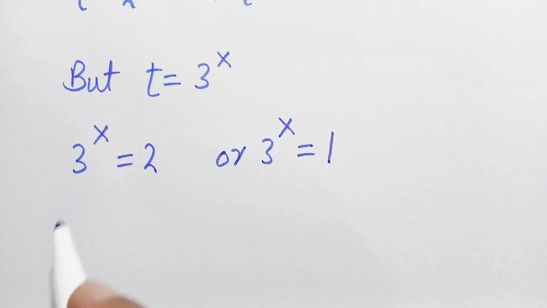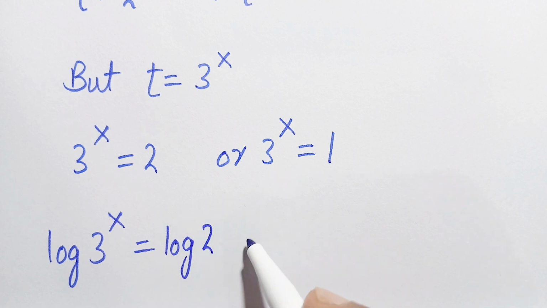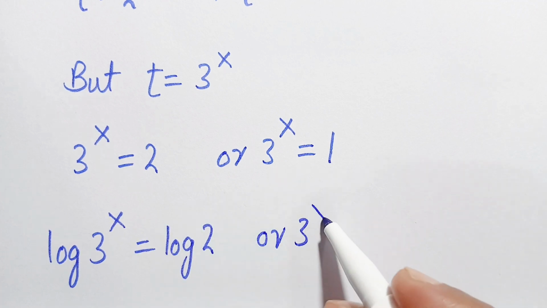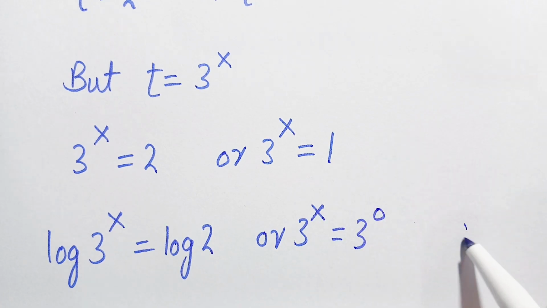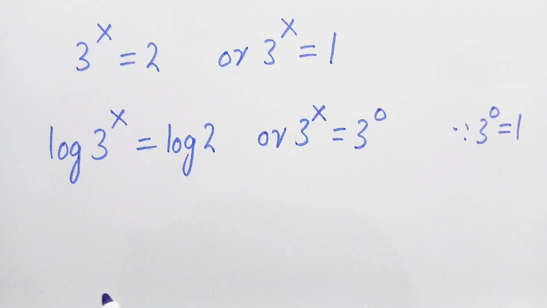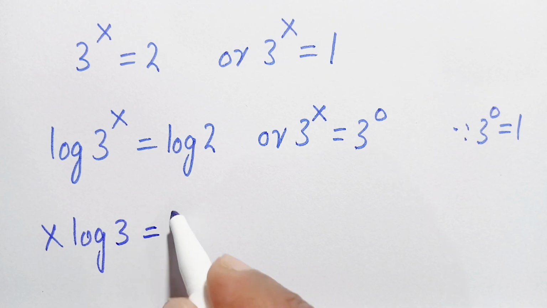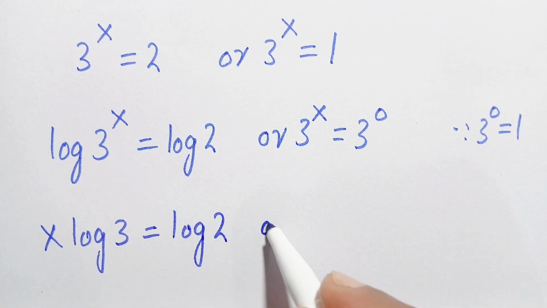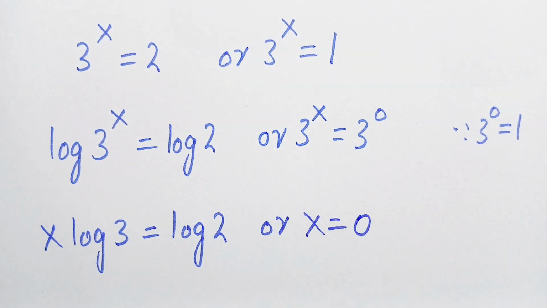Now, by taking log on both sides, log 3^x is equal to log 2, or 3^x is equal to, we can write this as 3^0, because something power 0 is equal to 1. Therefore, by using the property of log, x log 3 is equal to log 2, or by comparing, x is equal to 0.